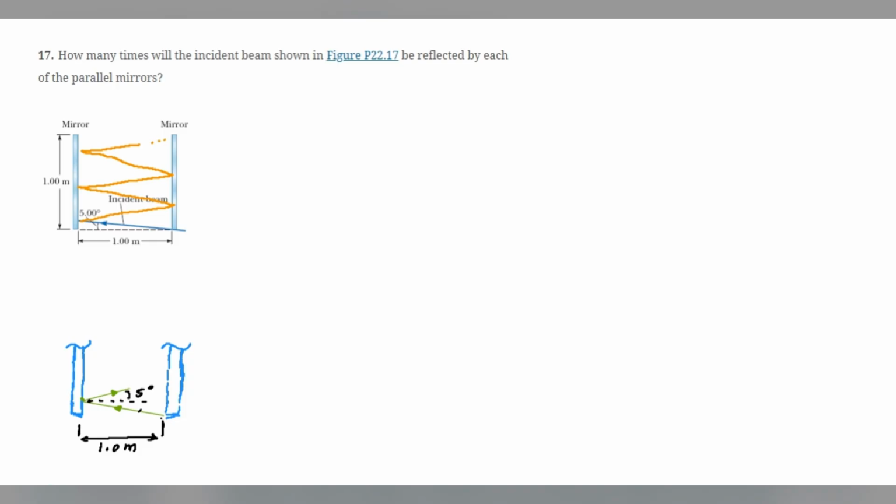The angle between this straight line and the incident ray is 5 degrees. We know that. This one is 5 degrees also.